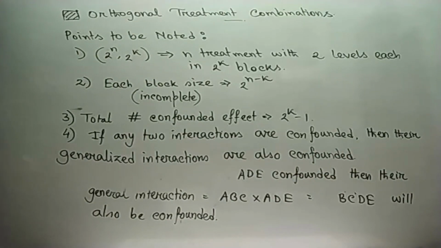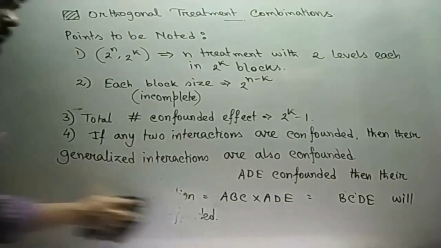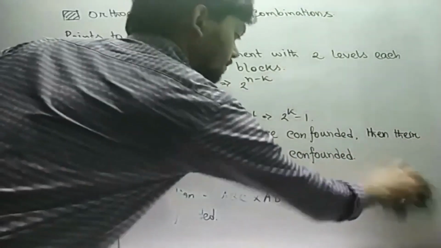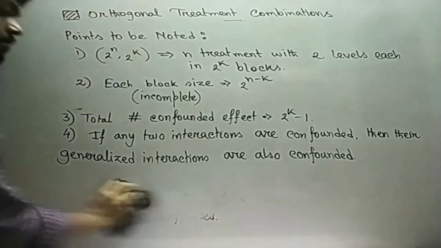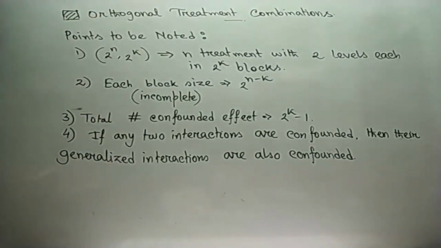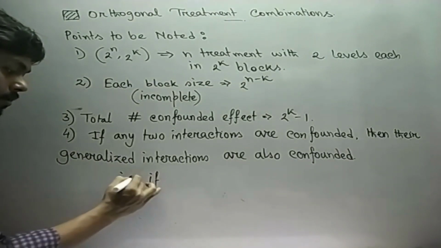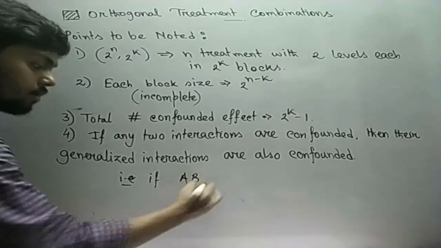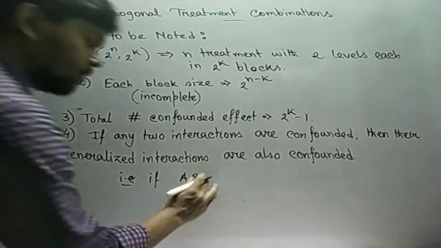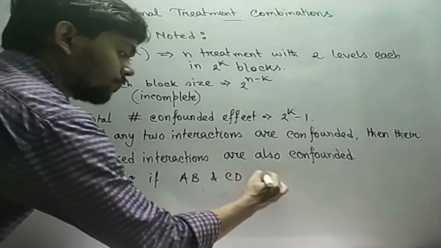So let's have an example for that. Let's say AB and CD are confounded.